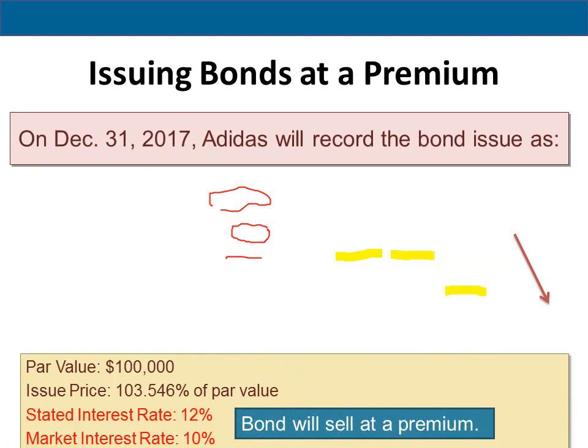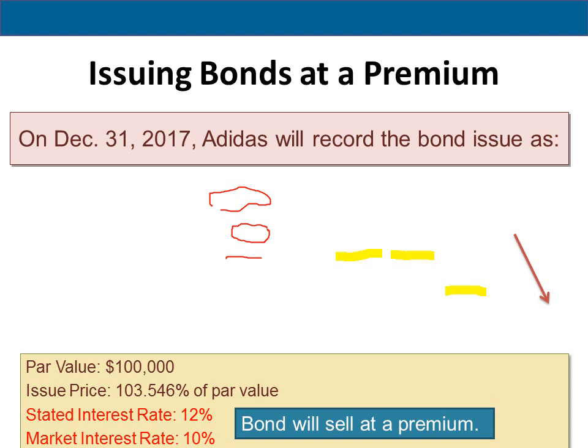Okay, to illustrate a bond premium, assume that the market interest rate is 10%, while Adidas company will issue bonds with 12% return or interest.